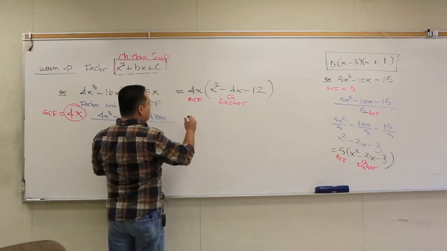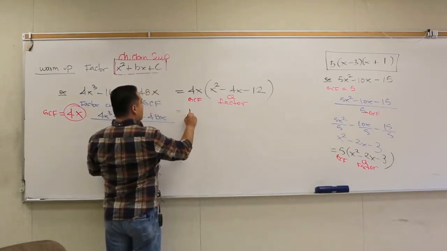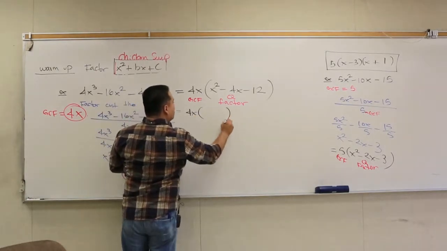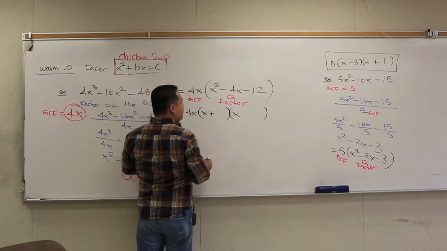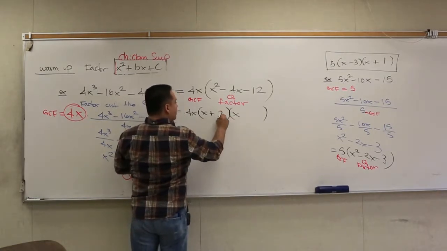So, how do we factor this one? Wasn't this 4x times, what do you guys get? Is it x plus, is it x plus? X plus 2, what else?